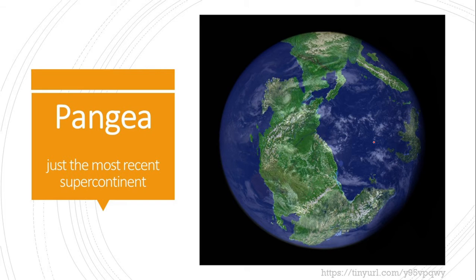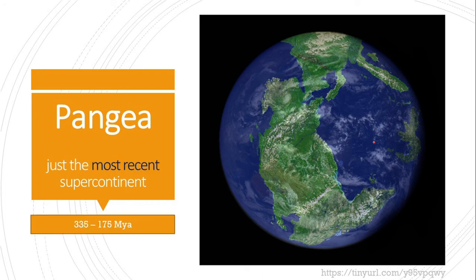Well, the idea of Pangaea, which was part of what Alfred Wegener was discovering when he was coming up with this whole idea of continental drift, is actually only the most recent example of a supercontinent. I mean, recent is a difficult choice of words when you're talking about something that happened 335 to 175 million years ago, but it is by far the most recent of the different times on Earth when we have had a supercontinent.